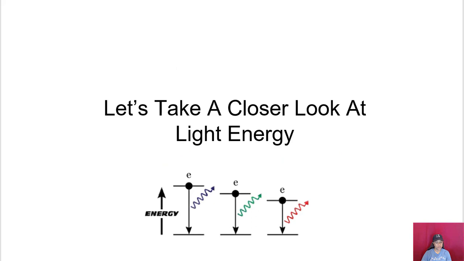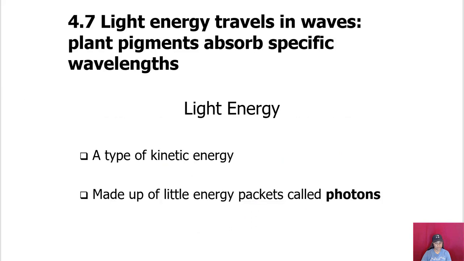But I want to take a closer look at light energy because this is important. So light travels in both waves and particles. But we're going to think of light right now as a wave.